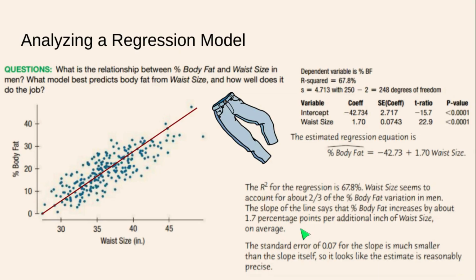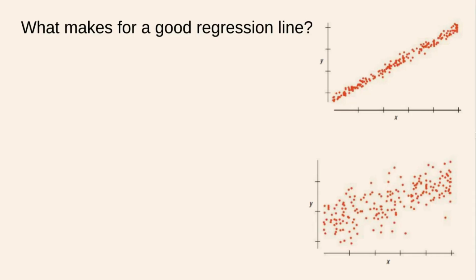Relative to this 1.7, 0.07 is a small number. It's not a lot of variation after repeated sampling. It looks like the estimate is reasonably precise, all right? If in reality the slope of the ideal regression line is different, it's not going to be that much different.